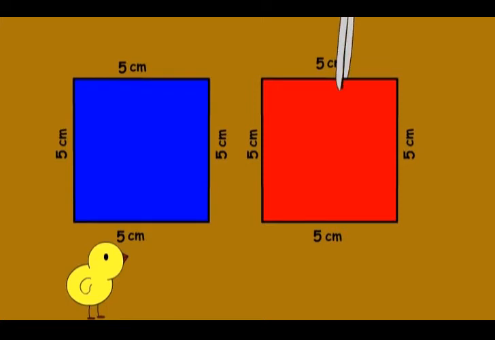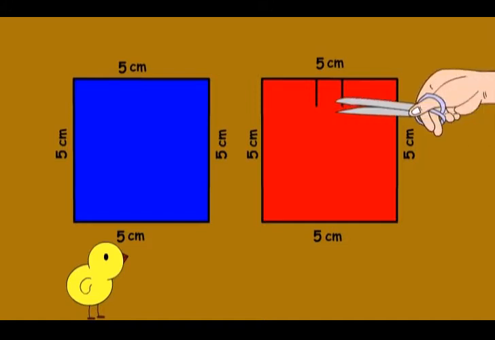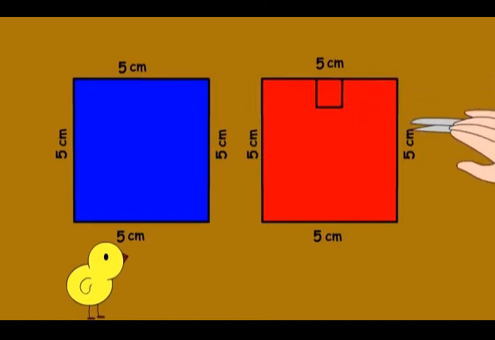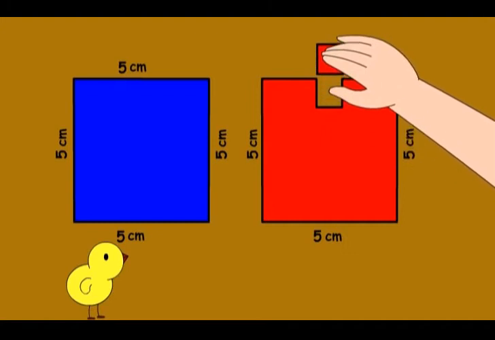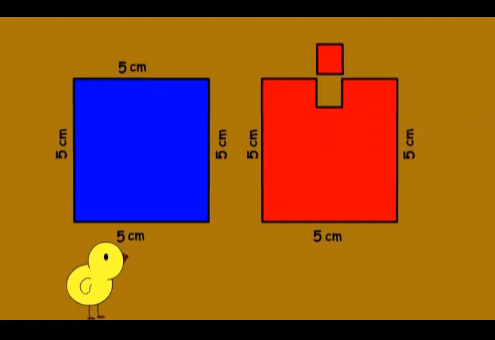Now, I will cut a piece of paper of 1 centimeter in the middle, like this, from the red paper. Can you now tell the boundary of which paper is bigger?